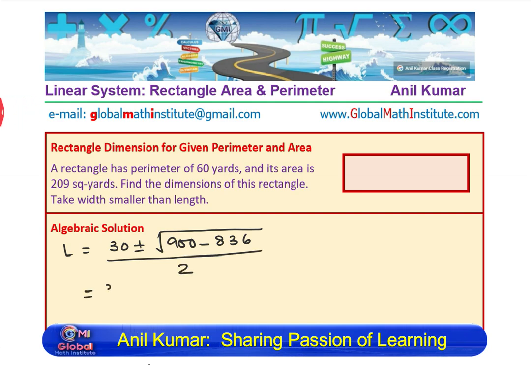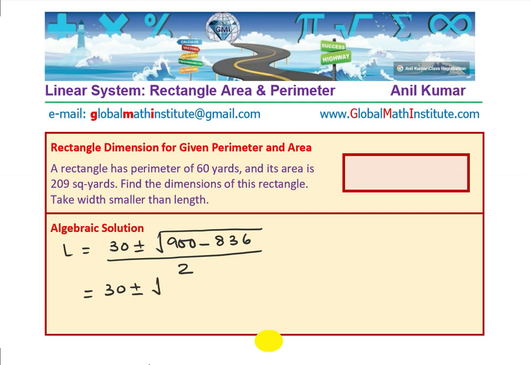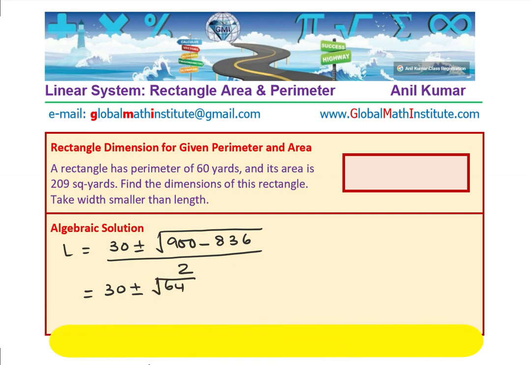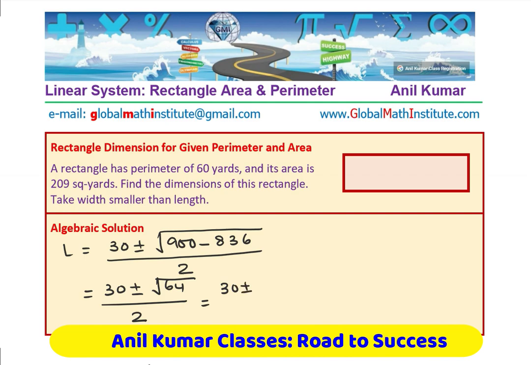And then we have 30 plus minus the square root of 64, divided by 2, and this is equal to 30 plus minus 8, which is the square root of 64, correct?